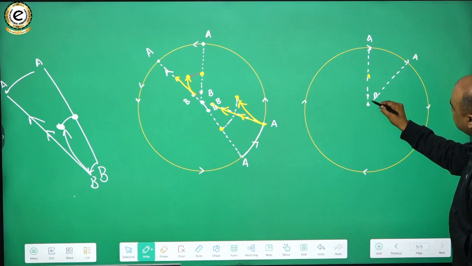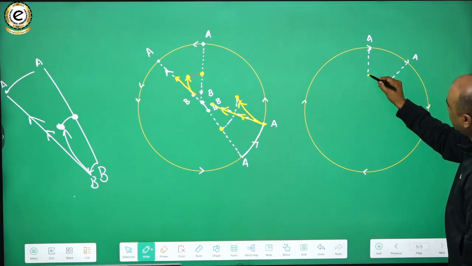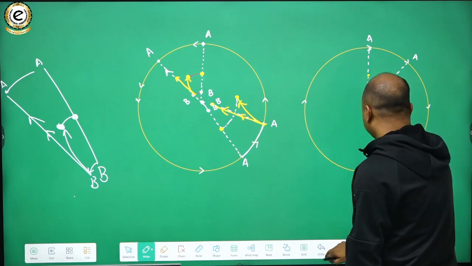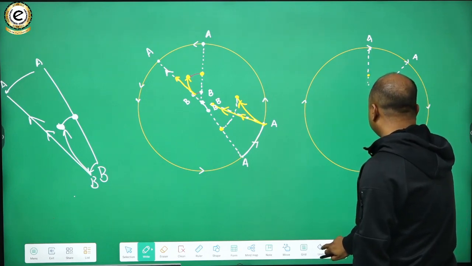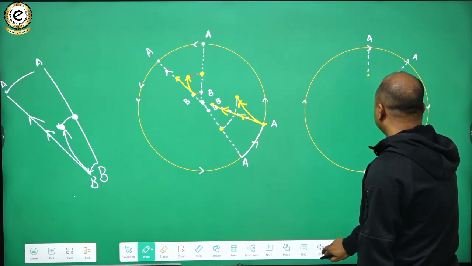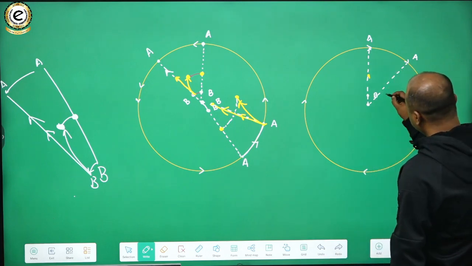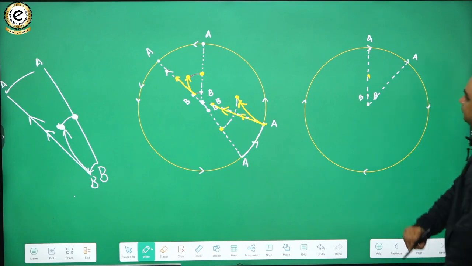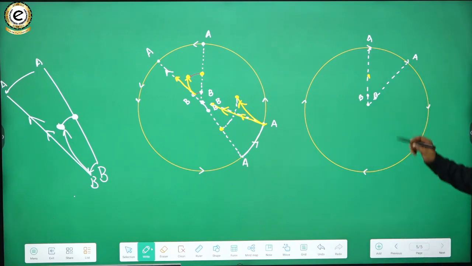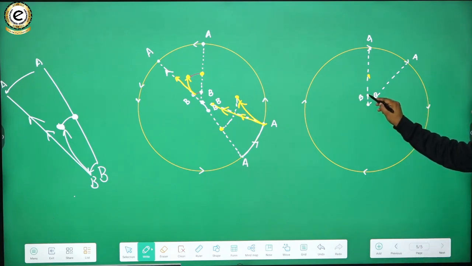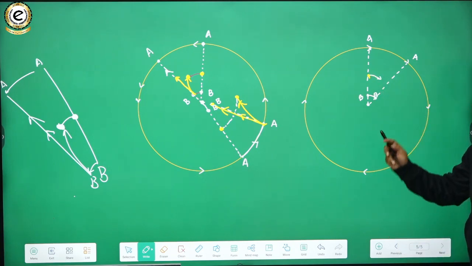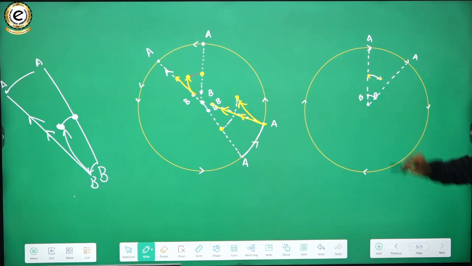If that's the scenario, let me hold this as B's new position. This is B's new position. But because B has traveled this much distance, the ball will also travel this much distance. You get it? Here would be the new location of the ball.